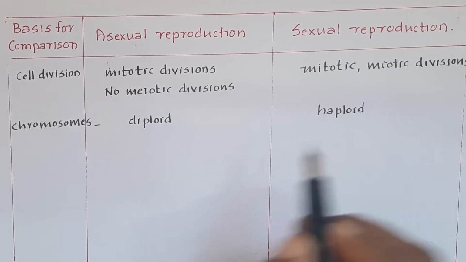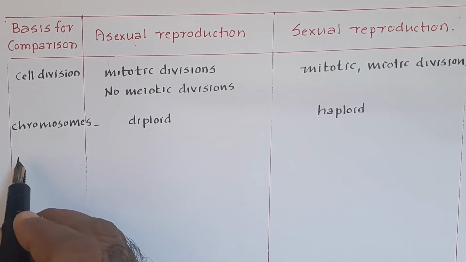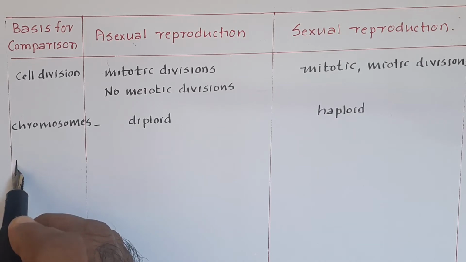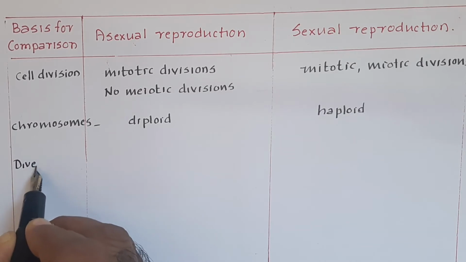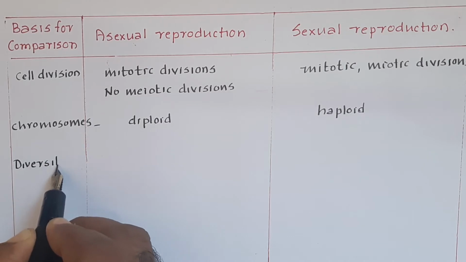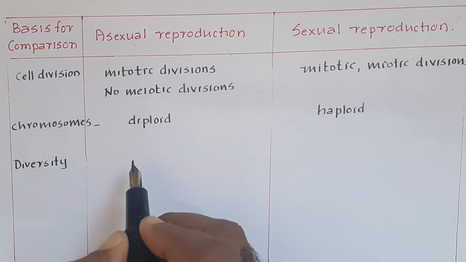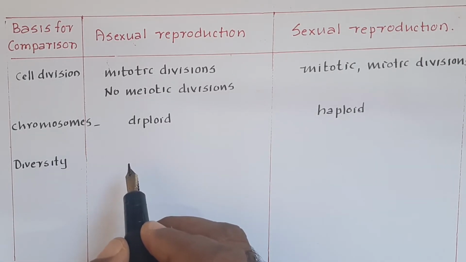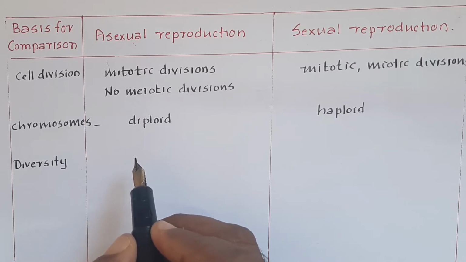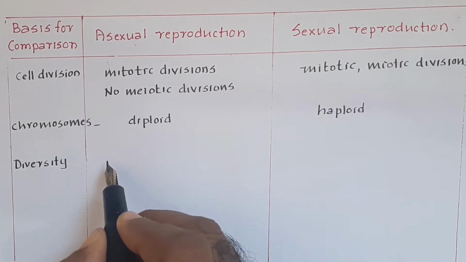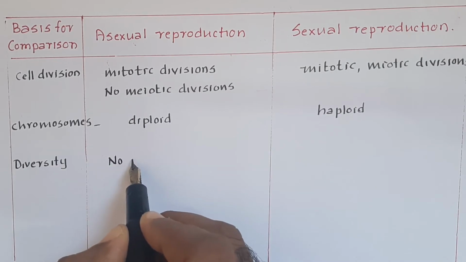Then move on to the next point, that is diversity. So what happens in case of diversity? There is no genetic diversity in asexual reproduction.